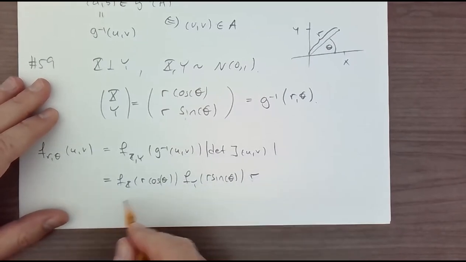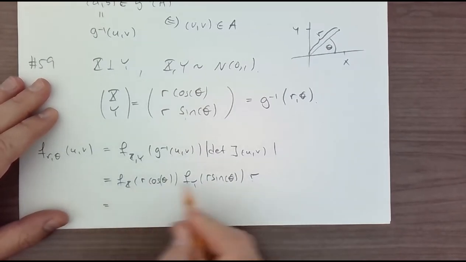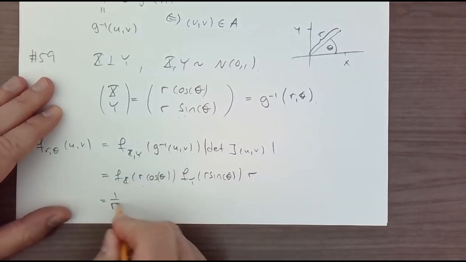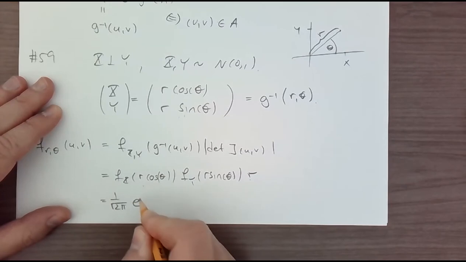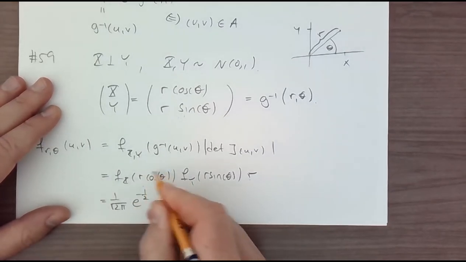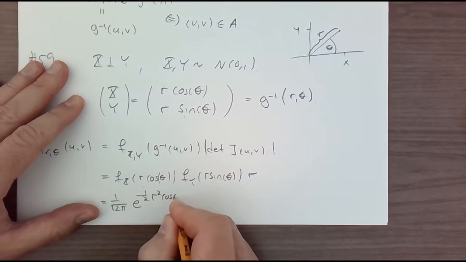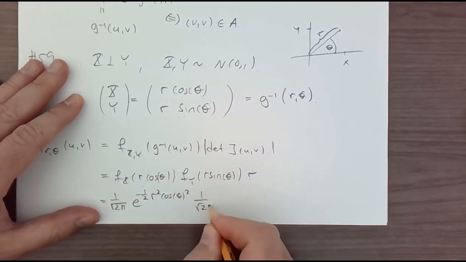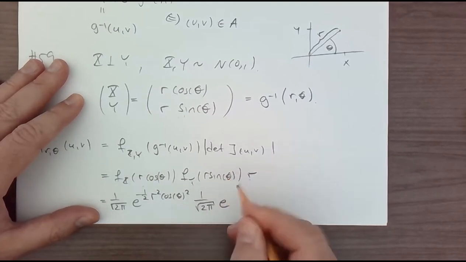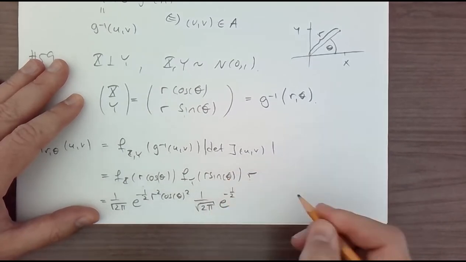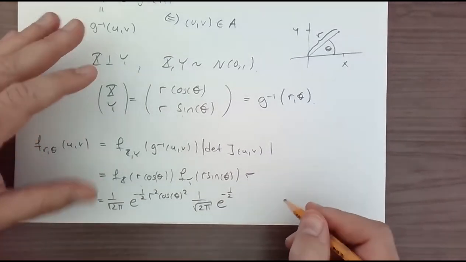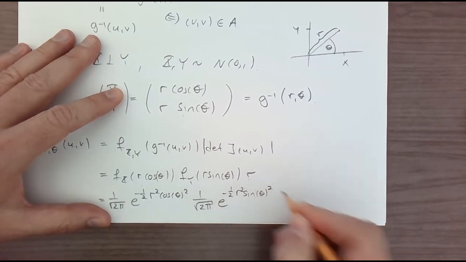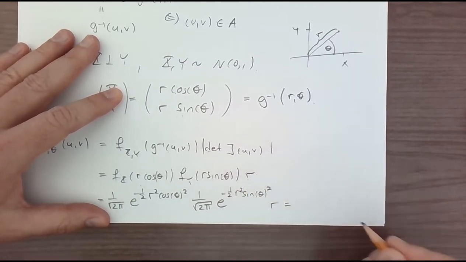We can plug in the normal density, since f_X and f_Y are standard normals. So you get 1 over root 2 pi, e to the minus 1/2 times this quantity squared, so r squared cosine squared. The same thing for the other one: 1 over root 2 pi, e to the minus 1/2 r squared sine squared, and then times r.